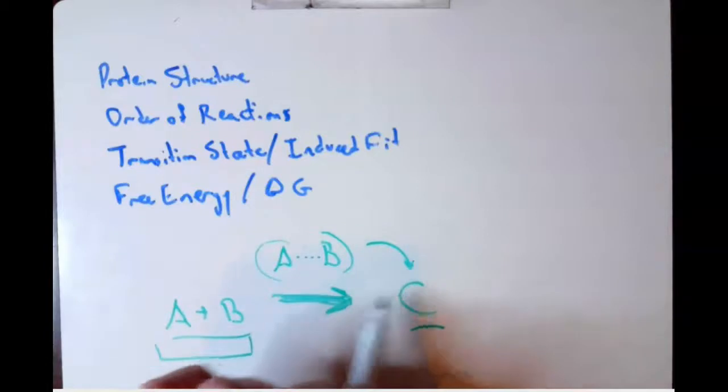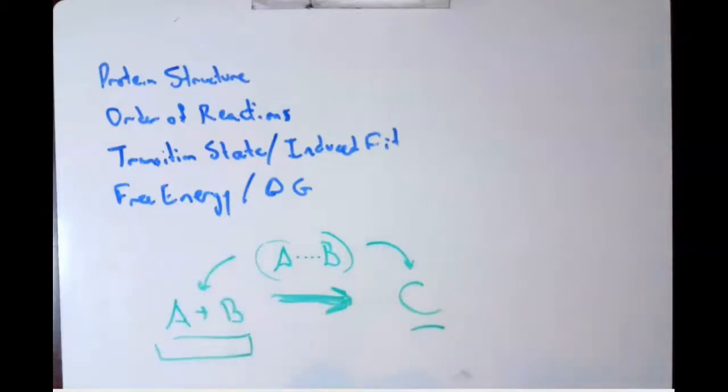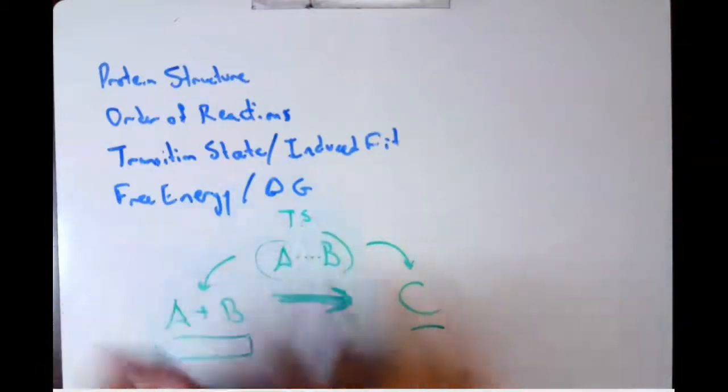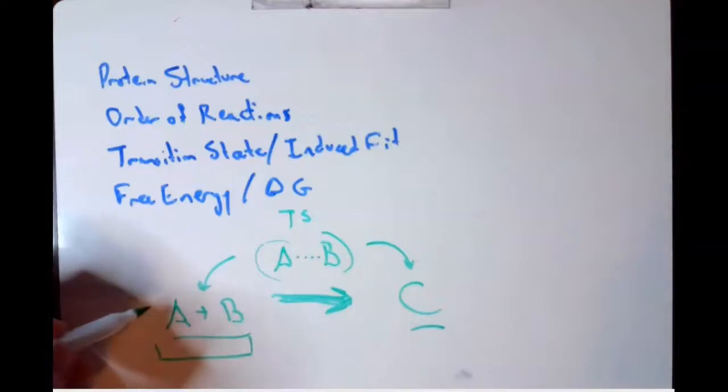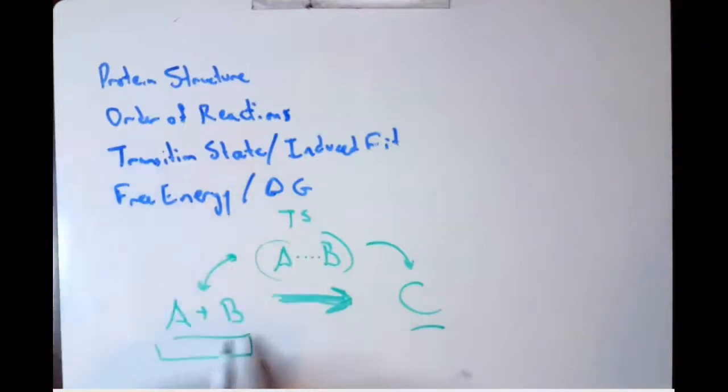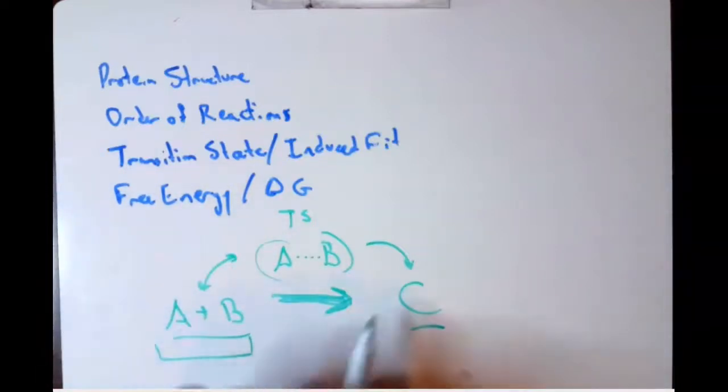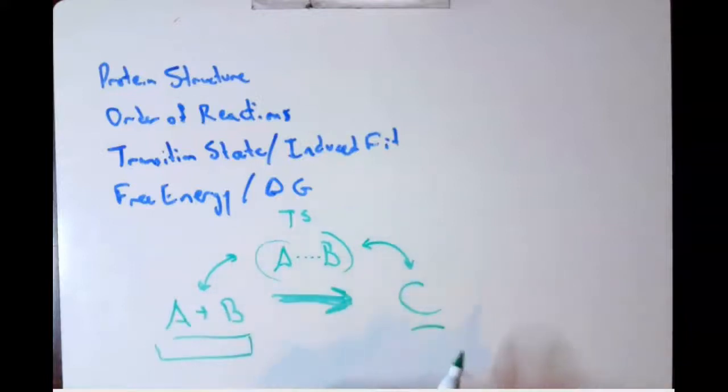They're not quite C, but they're no longer independently A and B. That's your transition state. There's no other way to really describe it other than saying transition states have residual identity to what they were when you started and are not quite what you want to be when you're done. They are a middling, a high energy state between reactant and product.